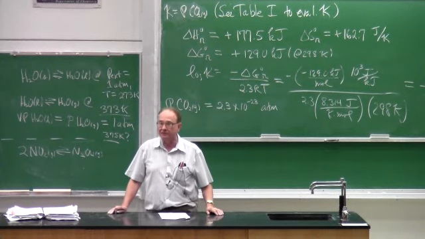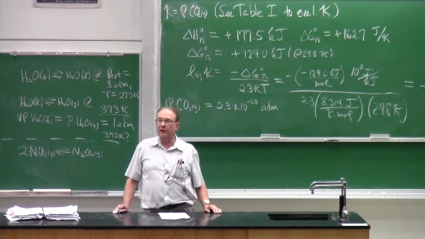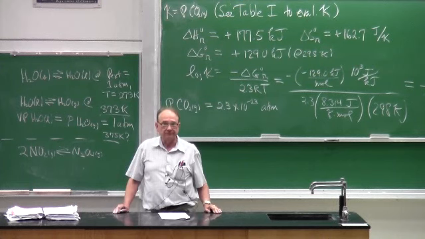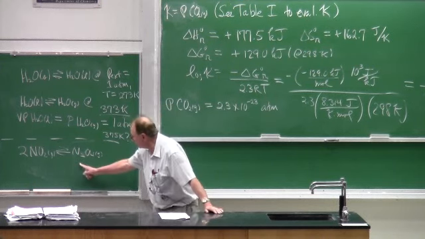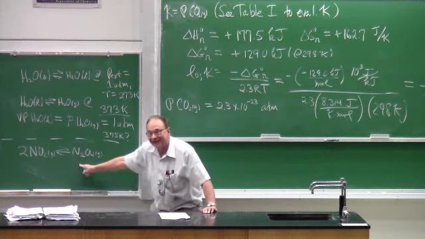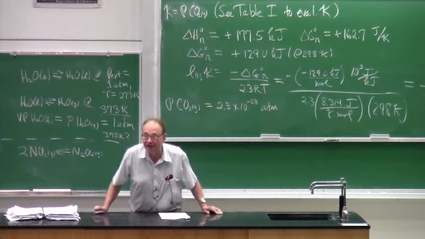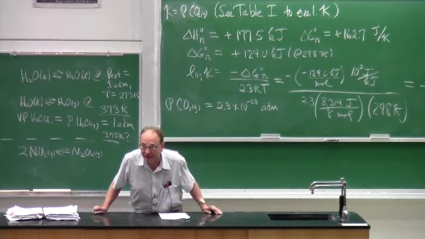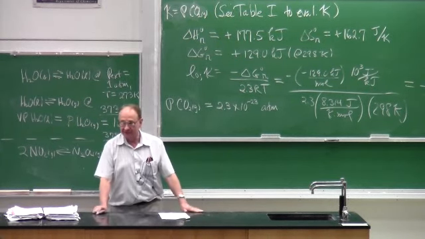Where do the units come from? What are the units for this reaction? Atmospheres to the minus 1. The units on K, if we need them, come from the equation for the reaction and no place else.